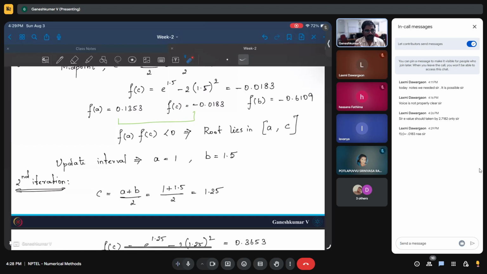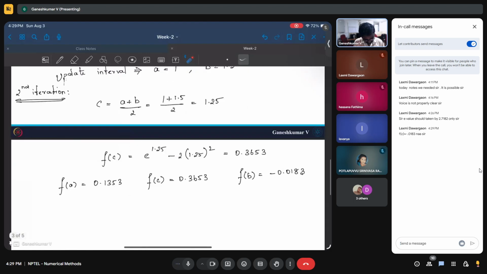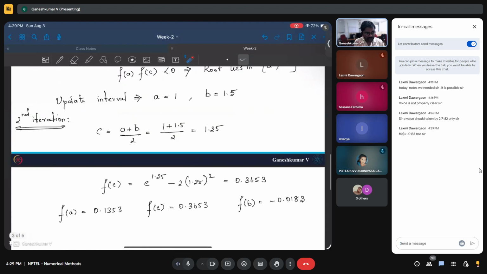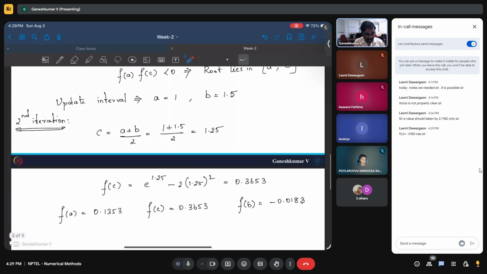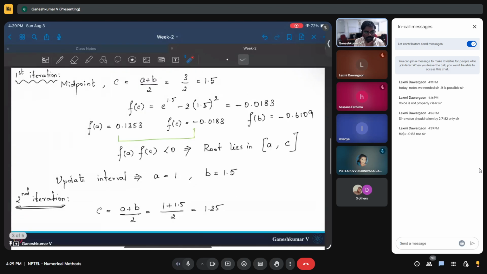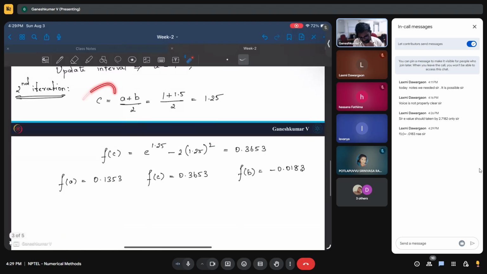The f of C was 0.0183 in the previous iteration. Now in the second iteration you have updated C to be 1.25, and it's 0.3653. Okay.